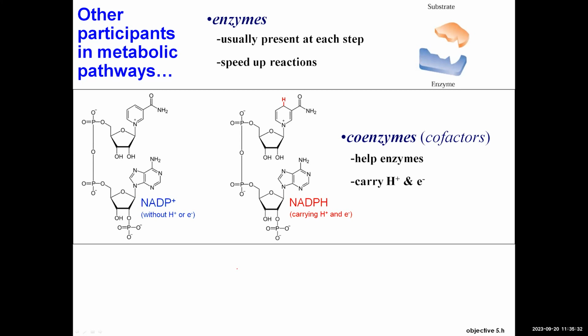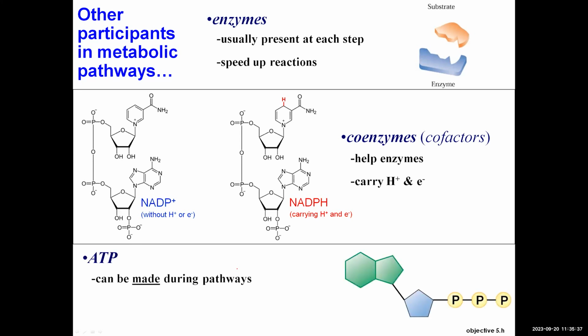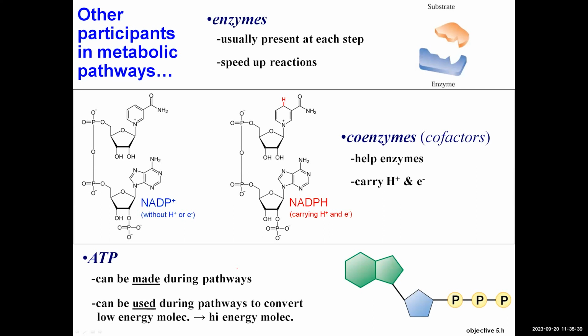And of course, the metabolic pathway also includes the ATP molecule itself, which can be made during these pathways and can be used during these pathways to convert low energy molecules into high energy molecules. So metabolic pathways can be linear or cyclic, and they will usually also include enzymes, coenzymes, and ATP.